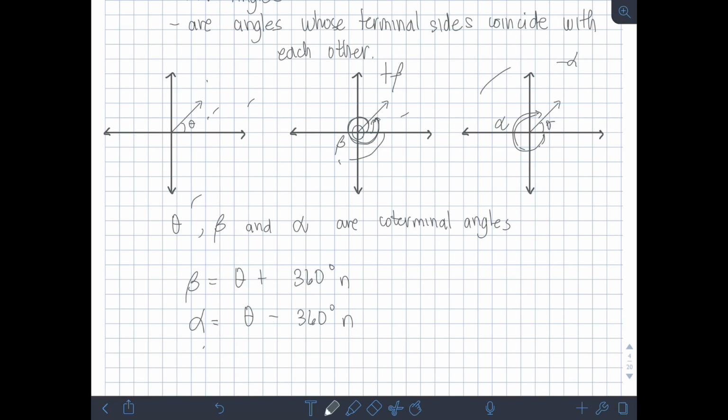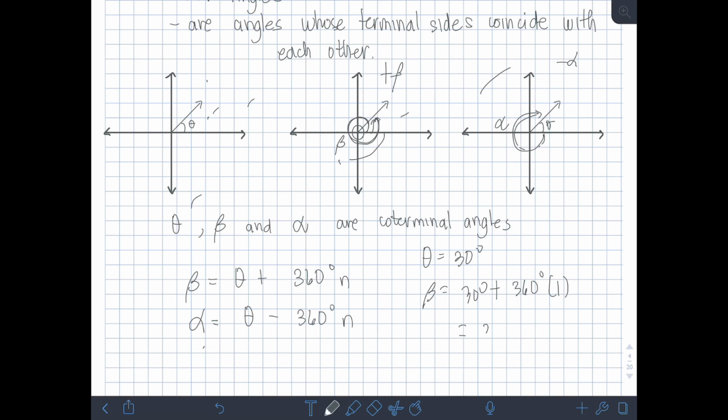So for example, let's say yung theta ko dito ay 30 degrees. So itong angle beta, pwede nating mahanap yung isang coterminal angle na dito sa theta as 30 degree plus 360 degree times, let's say, n natin ay 1. Sabihin, nakaikot na ng 360 degree.